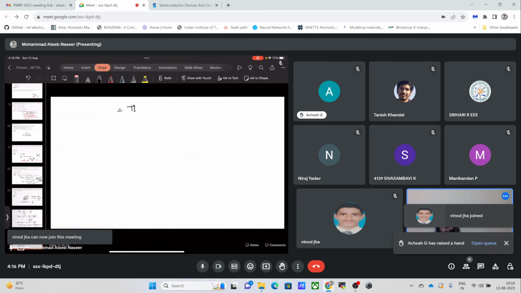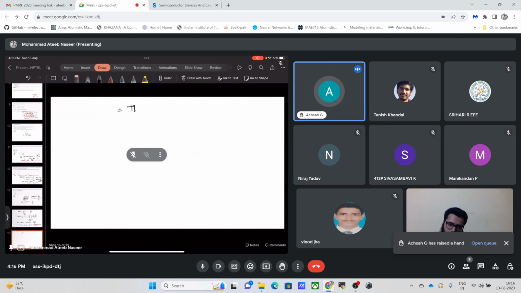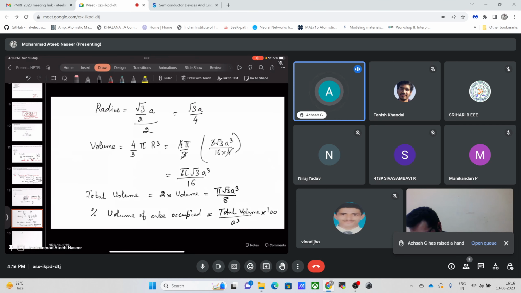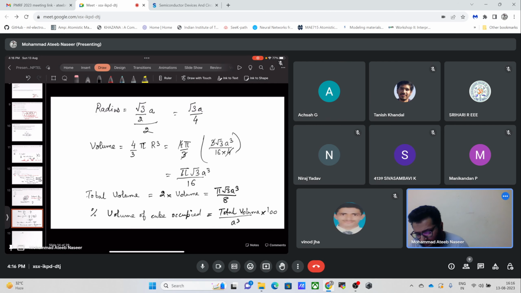Yes, somebody raised a hand. For the radius we are dividing by 2, right? Yes. But why are we putting root 3 by 4? We are dividing by 2. Dividing the whole value by 2, because this radius is half of that thing. For example, if the diameter is 5, the radius will be 2.5.